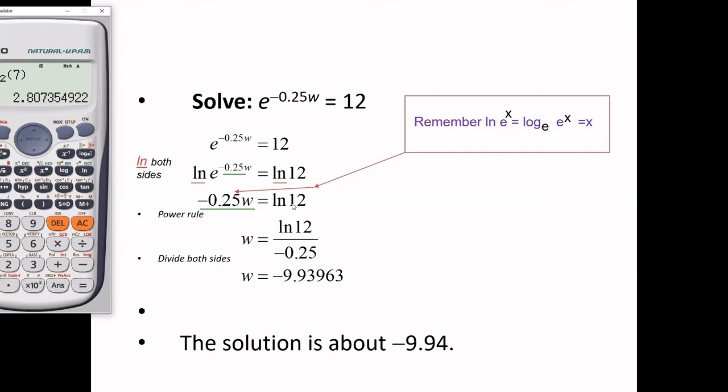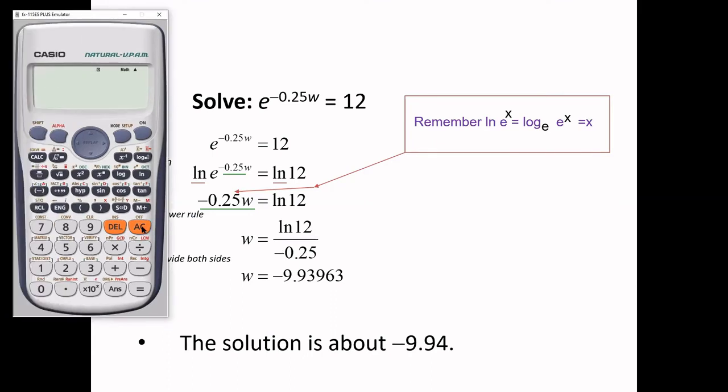Okay. And then the natural log of 12 stays over here like this. We want to get W by itself. So we're going to take this and divide both sides by negative 0.25. Here we go.